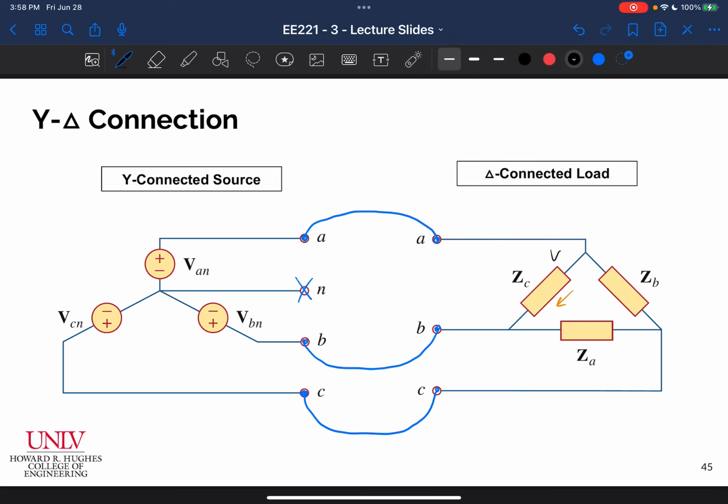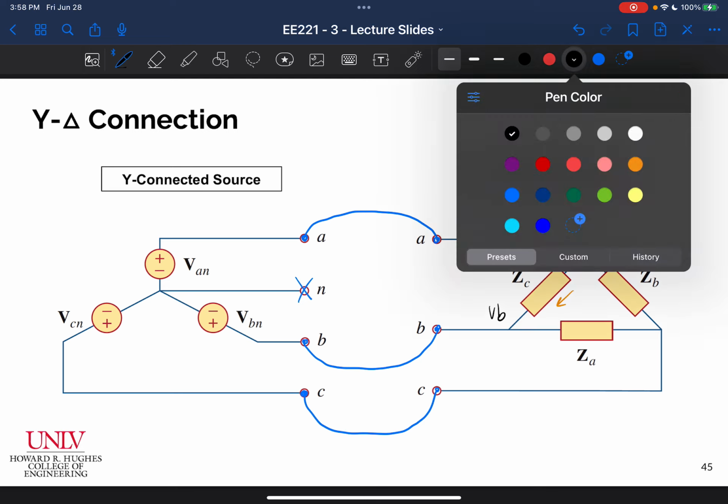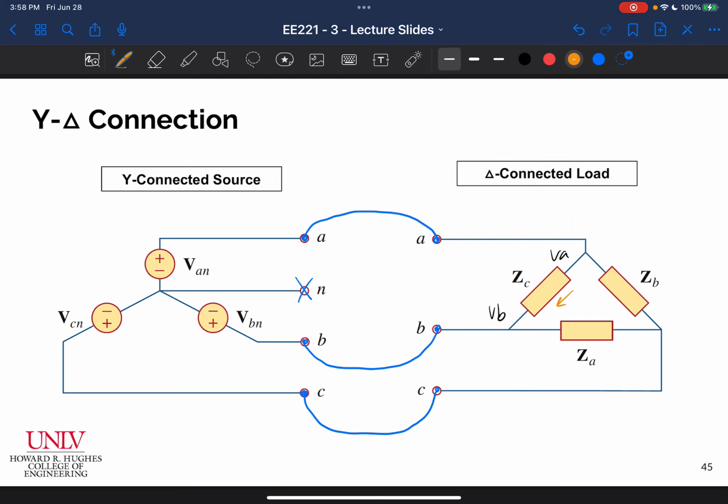It's VA. And the voltage I have here is VB, right? So if I wanted to find that current that I drew in orange there, which would be IAB, again, I'd have to say VA minus VB over ZC, which is VAB over ZC.